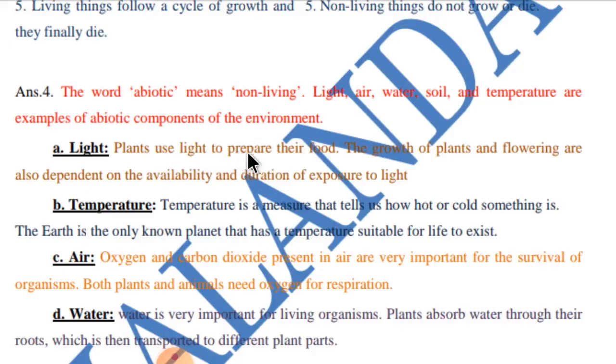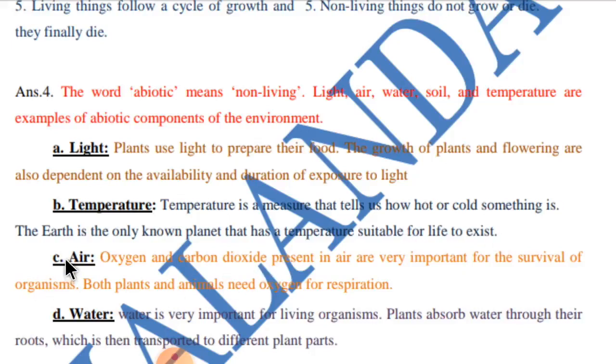Then the temperature. Temperature is a measure that tells us how hot or cold something is. The Earth is the only known planet that has a temperature suitable for life to exist.